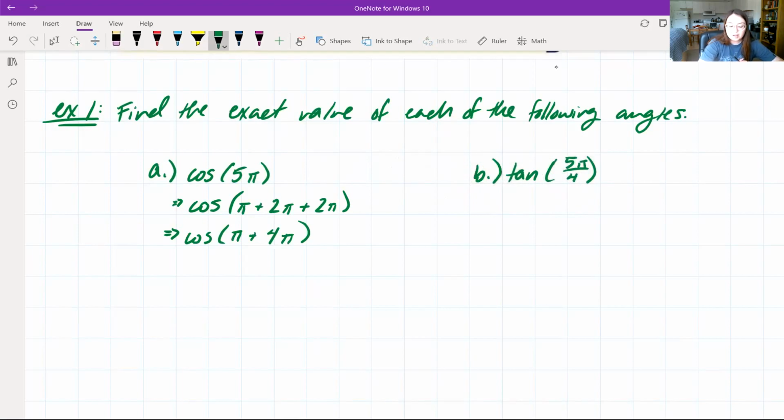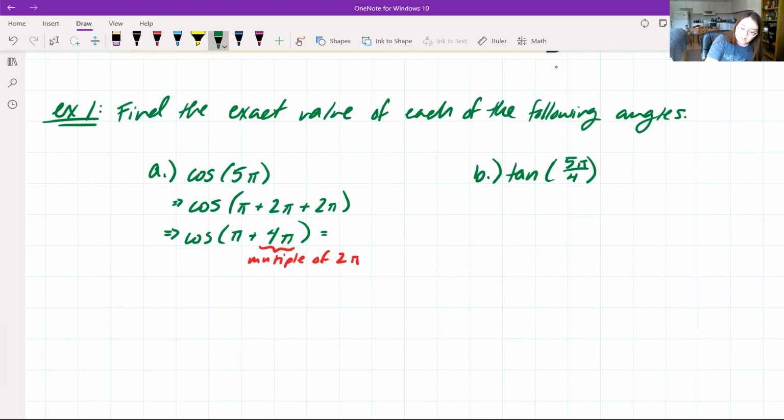So if this simplifies, this is a multiple of 2 pi. And if it's a multiple of 2 pi, then all it's doing is going 2 periods again to give us the same original value as cosine of pi.